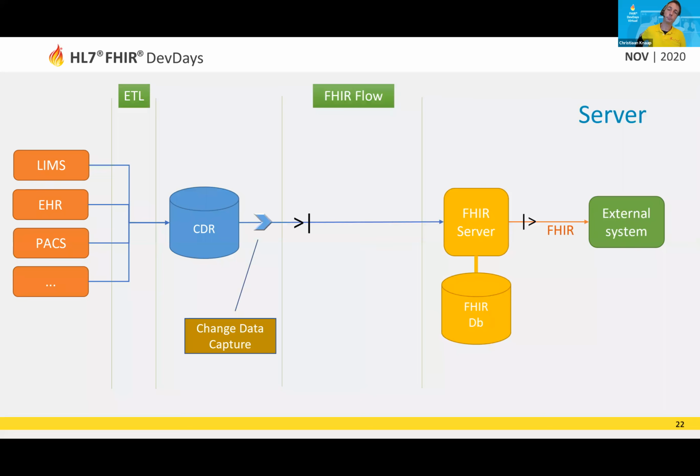The other architectural pattern is to not have this facade as a front to your CDR, but have a separate FHIR server out of the box with its own database with FHIR resources. Now, from the CDR, you need to capture all the data changes and publish them to the FHIR server. Somewhere in between, you will still have to do that data transform, because in the CDR, there are probably tables, and in the FHIR server, there have to be resources.